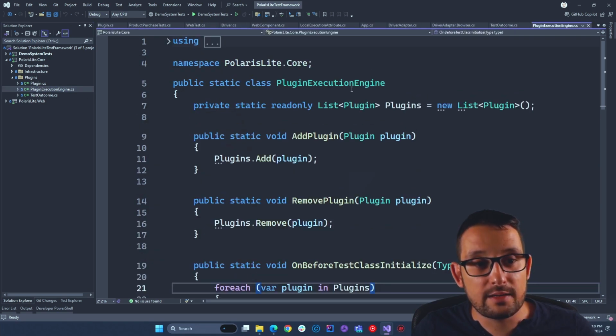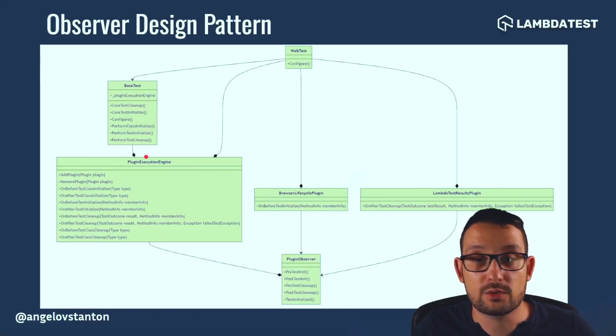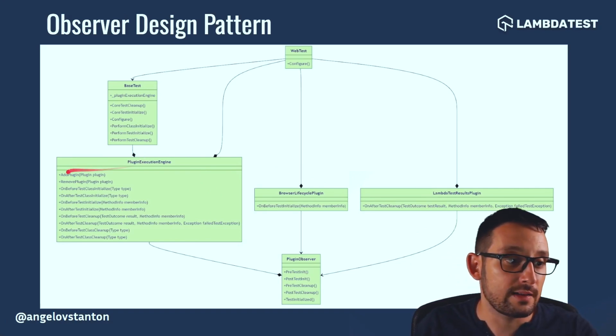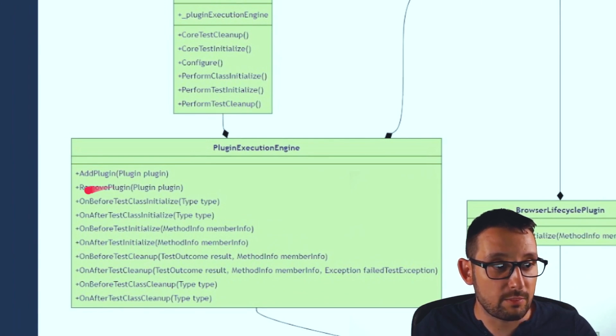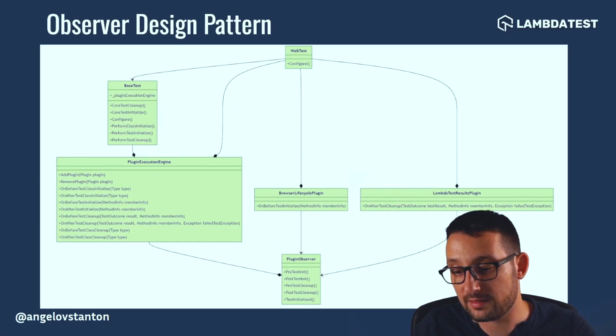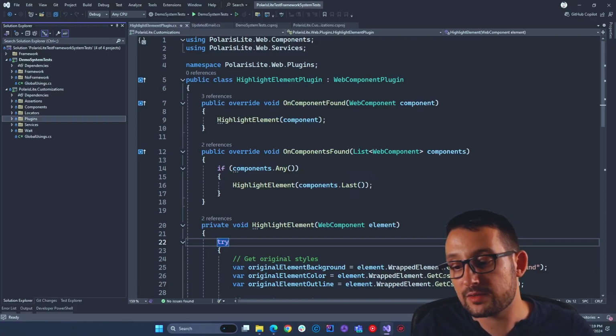Then the plugin execution engine, in this architecture, is the class which will be responsible for working with the plugins. It will contain methods for adding a plugin and removing a plugin, and for reaching the hash list of all plugins. Why hash list?